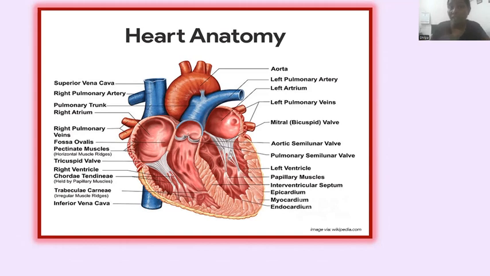About the position and location, first of all, where does the heart lie? It lies in the thoracic cavity, in the mediastinum, the space between the two lungs. It is oblique, a little more to the left than the right, with the base above and the apex below.